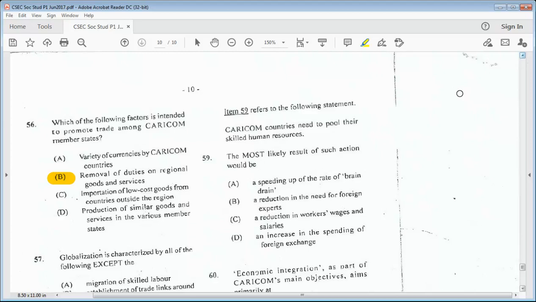So we know that our answer would be B, a reduction in the need for foreign experts. That is the most likely result of CARICOM countries pooling their skilled human resources. So they come together because there's a reduction in the need for foreign experts.